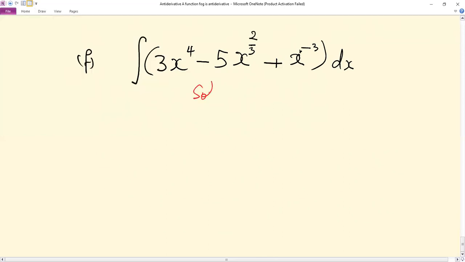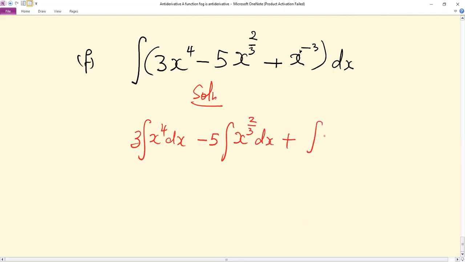So this will be the integral, factor out the constant 3, x to the power 4 dx, minus 5 integral x raised to the power 2 over 3 dx, plus integral x raised to the power minus 3 dx.